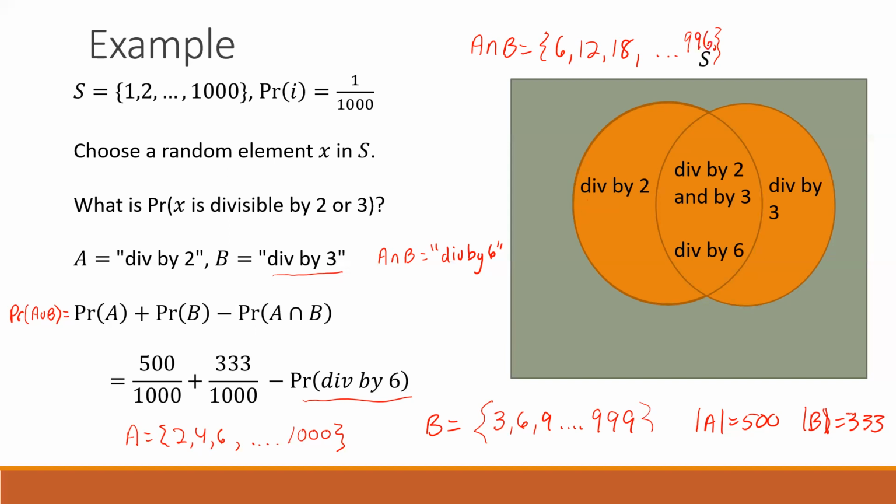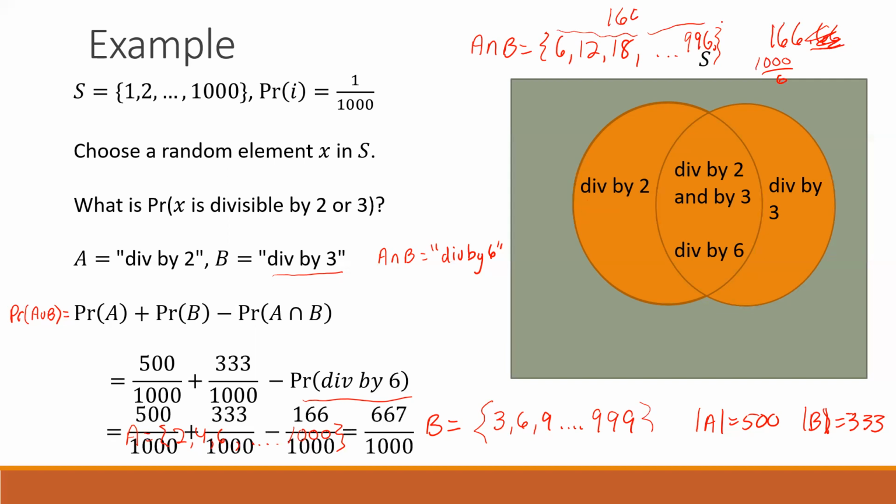If I divide 1,000 by 6, I get 166.66, right? So this is 1,000 divided by 6. So if I take the floor of this function, there are 166 numbers in this set. So yeah, I end up with 500 over 1,000 plus 333 over 1,000 minus 166 over 1,000.